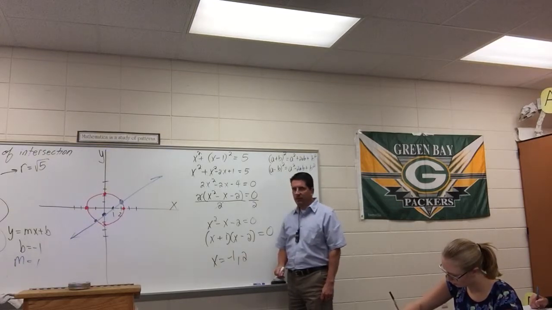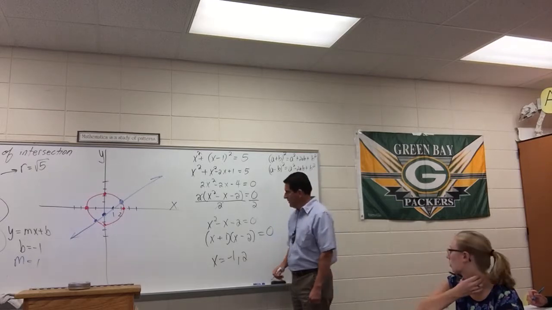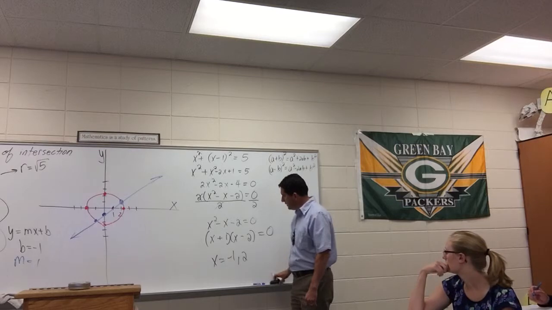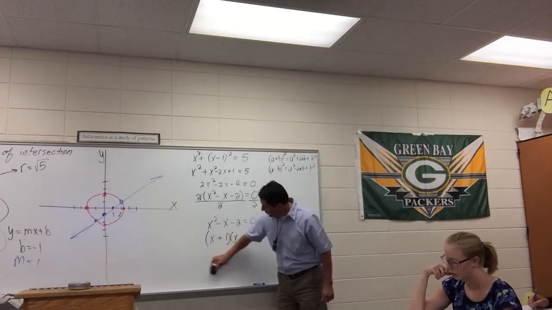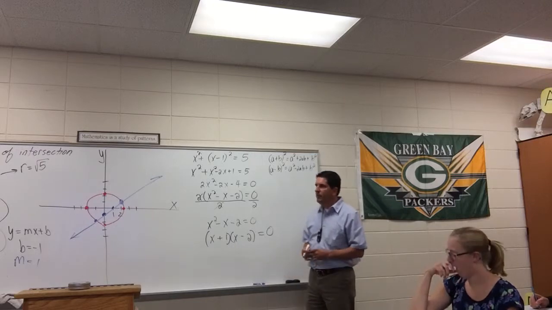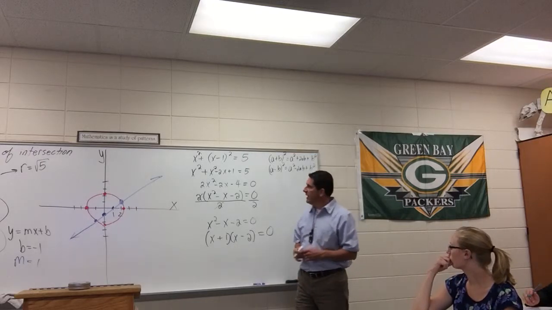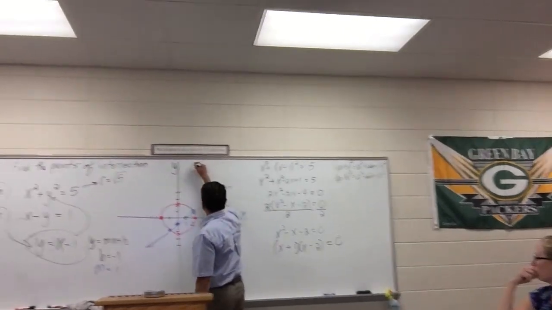How come you can say that? Set them equal to 0. Good, because what's really going on here, we're using probably the most underrated algebraic formula of all time. And it's the zero product property.